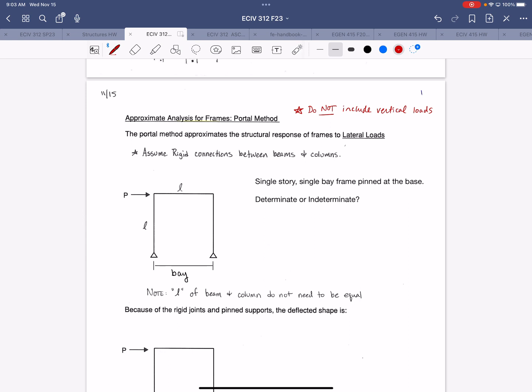So again, lateral loads, that could be wind, seismic, etc. And when we say that this is for frames, that's specifically for moment frames.